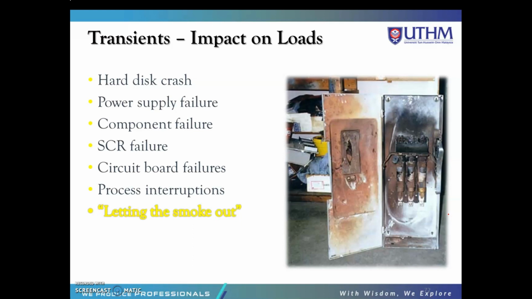So these are the impacts on the loads if a transient happens: hard disk crash, power supply failure, component failure, silicon control rectifier or thyristor failure, circuit board failures, and process interruptions.